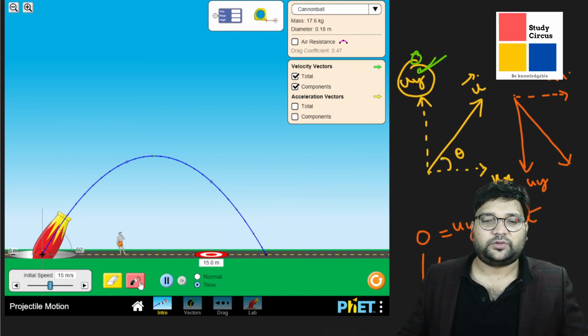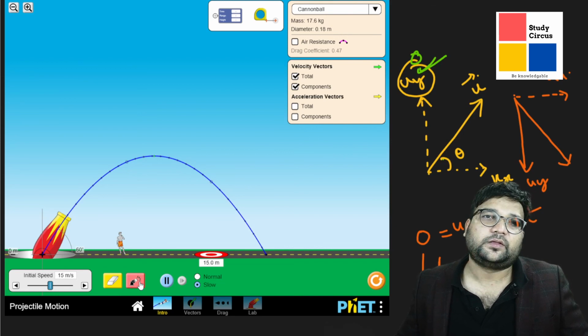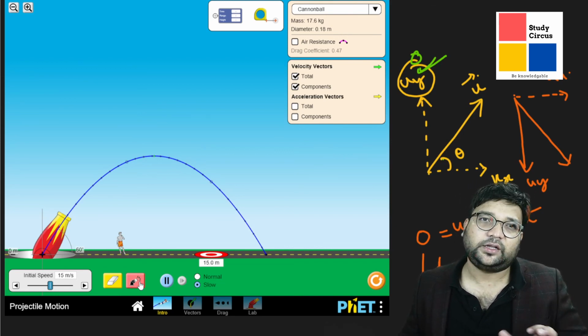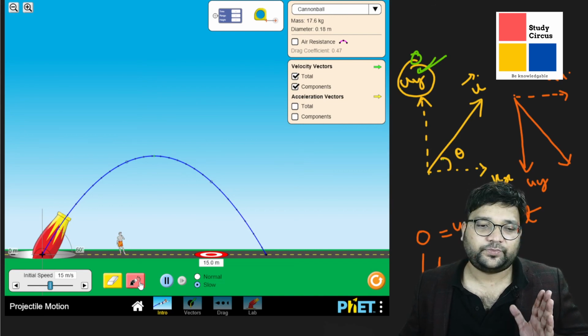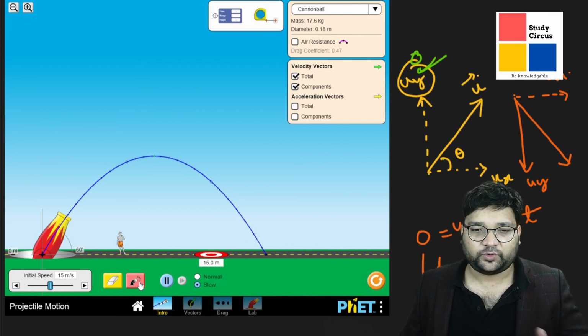So this is how the whole thing works, and we have the equations of motion, so we can analyze the two situations. And time is the connecting thing between the x direction movement and the y direction movement.